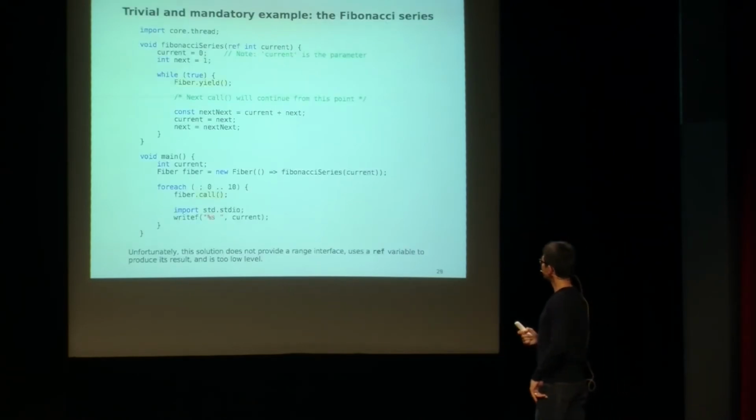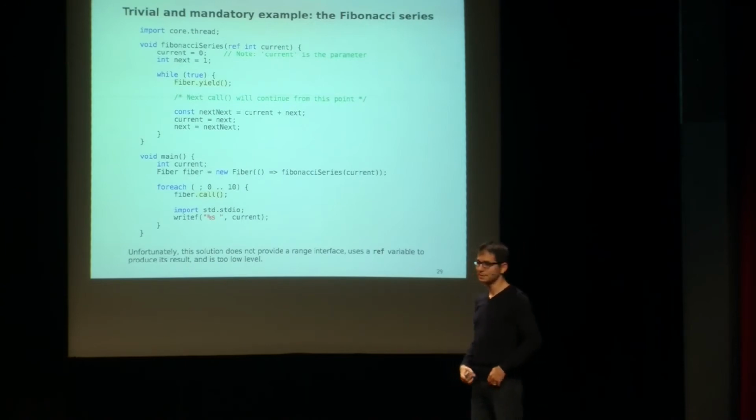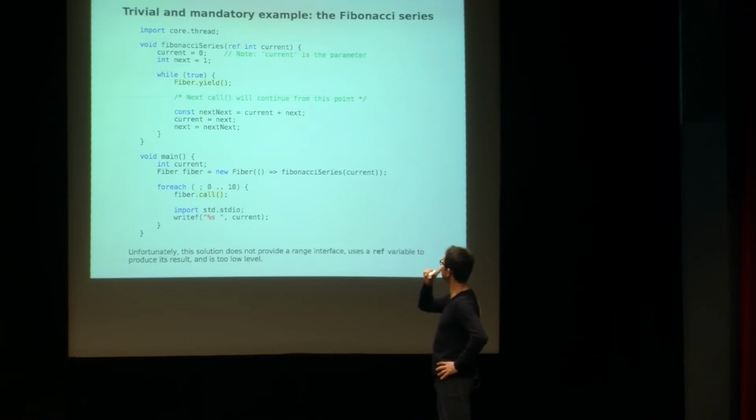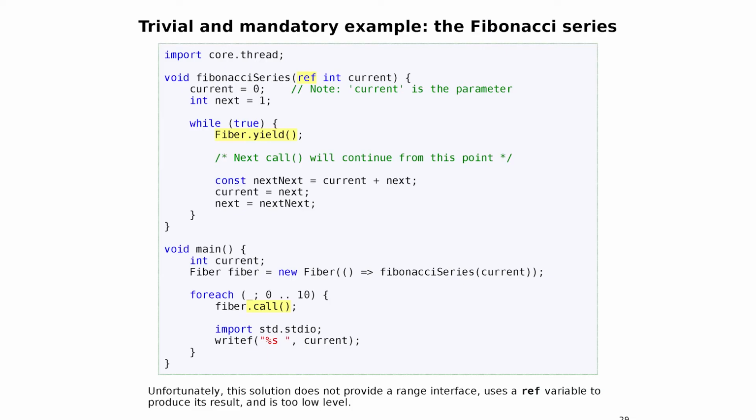Okay, the mandatory Fibonacci series example. So here's an example of a function, Fibonacci series. The creation is here. As I said, a fiber is created with a new Fiber class, which takes a parameterless void-returning function. So that's why we're creating a lambda here.